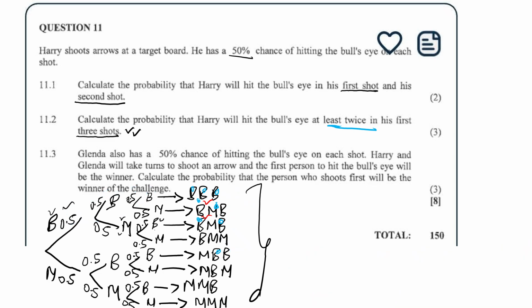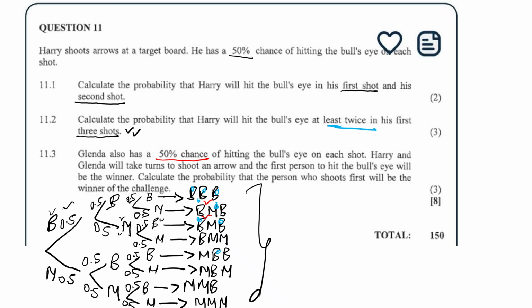11.3. Right, so now 11.3, this question is very much interesting. Glenda also has a 50% chance of hitting the bullseye on each shot.